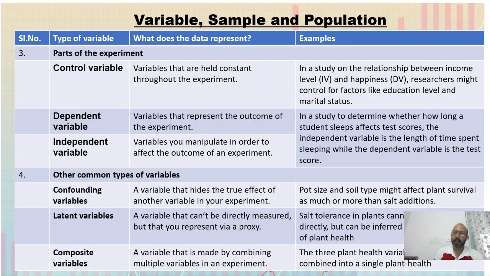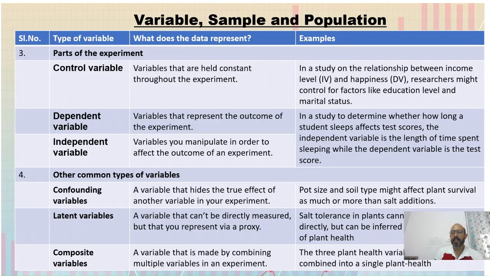In a study on the relationship between income level and happiness, researchers might control for factors like education level and marital status. Dependent variables represent the outcome of the experiment, and independent variables are ones you manipulate in order to affect the outcomes of an experiment.